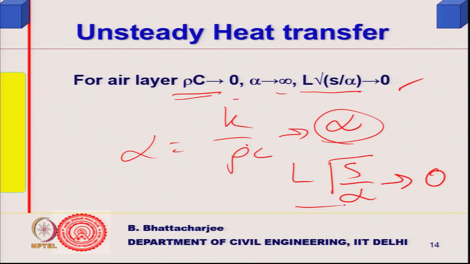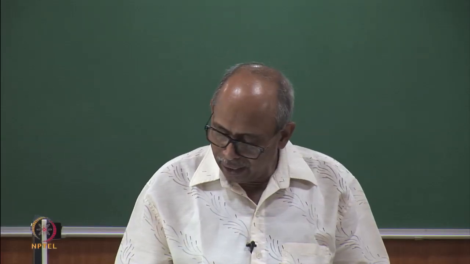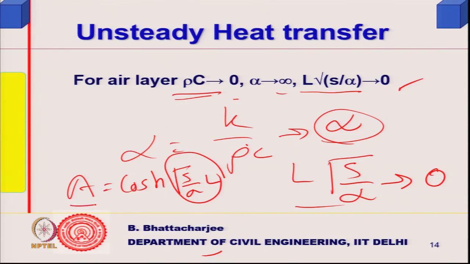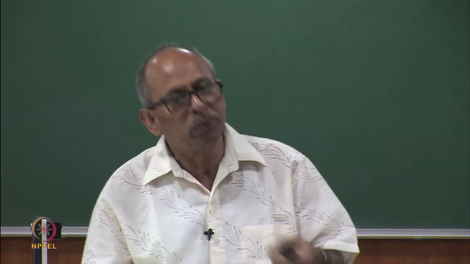Because in my cosh L, if you remember, A was nothing but cosh of under root S by alpha times L. So, I want to find this A for the L layer, and B for this L layer. Now, if this tends to 0, what will be the limit value? It will be 1, right. Cosh 0 also tends to 1.